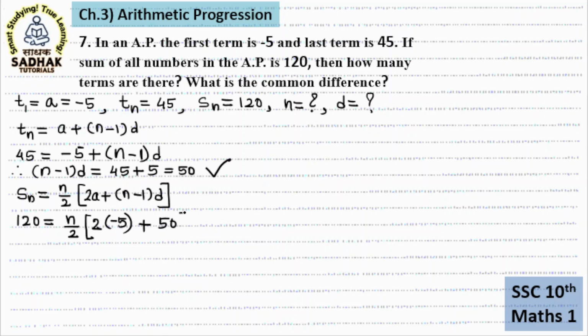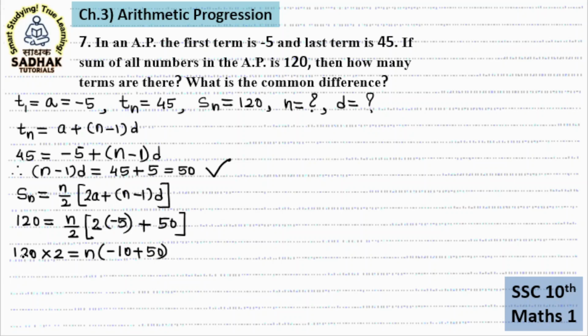So now this 2 we can bring here, it will become multiplication. So 120 multiplied by 2 is equal to n times (2 multiplied by minus 5, which is minus 10, plus 50).